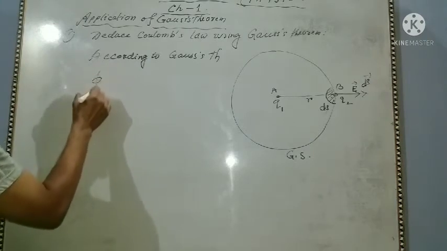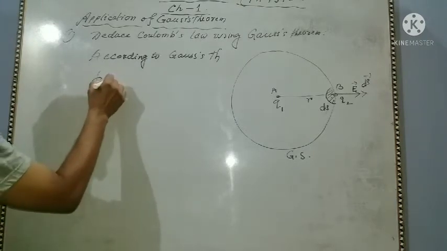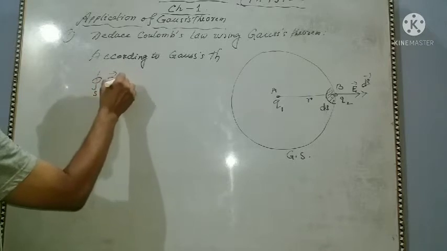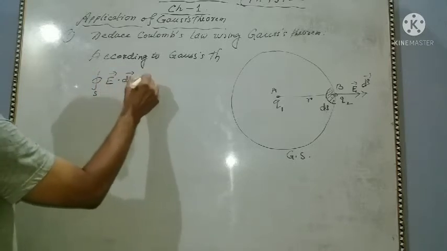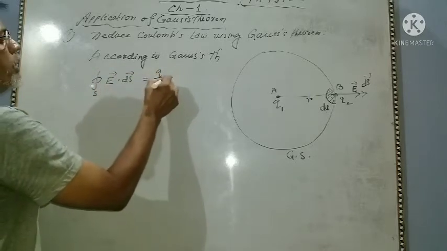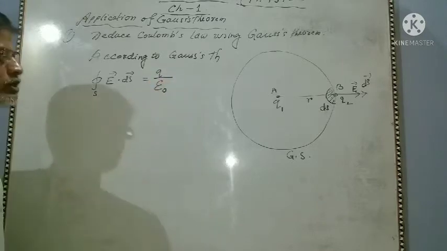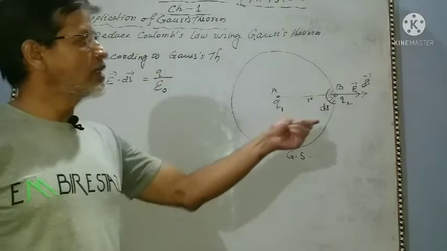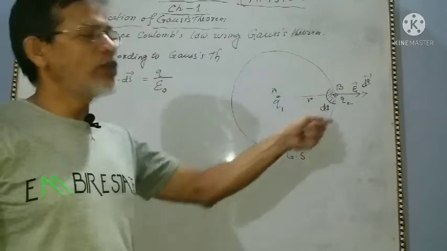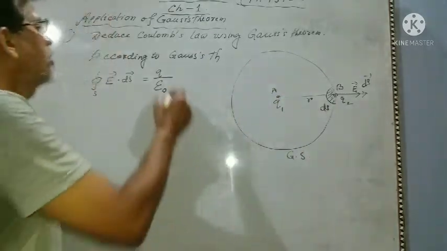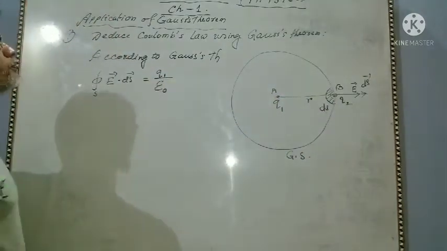Integration over closed surface E dot ds equal to Q by epsilon naught. Now the question is, what is Q? What is the charge enclosed by the Gaussian surface? This is Q1.